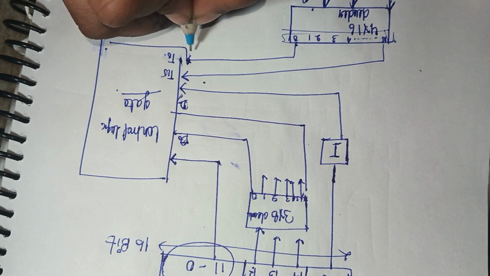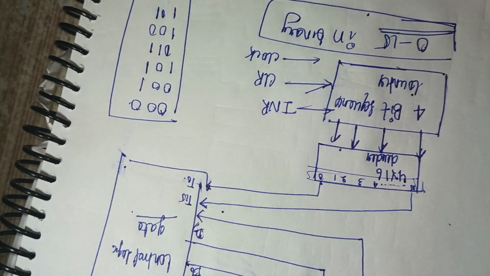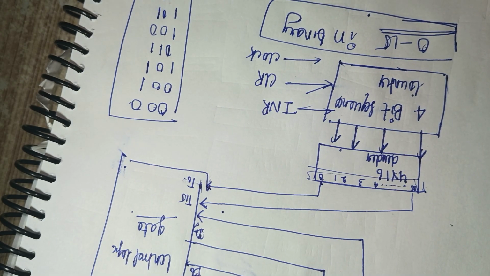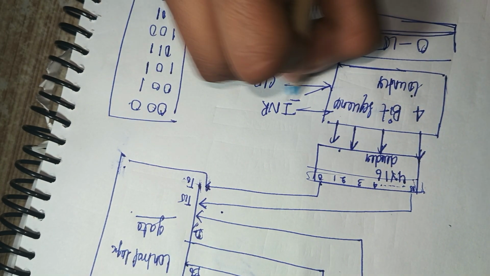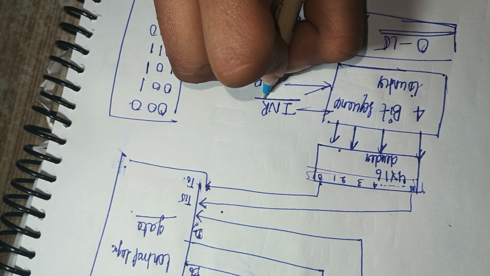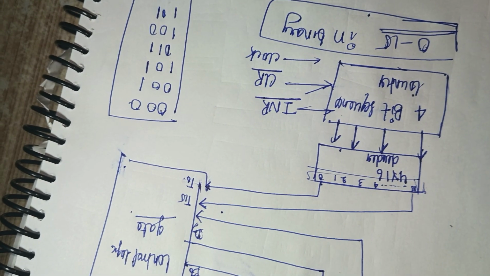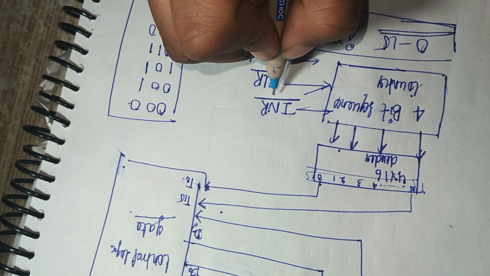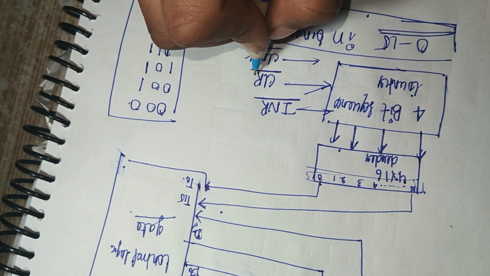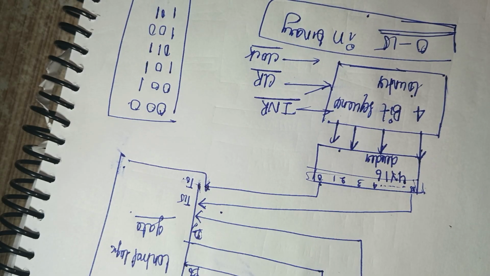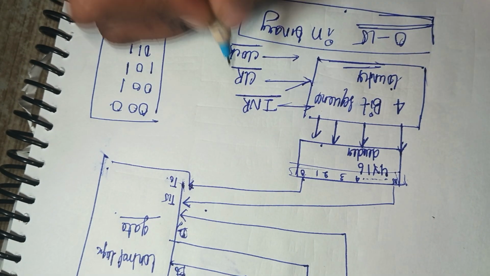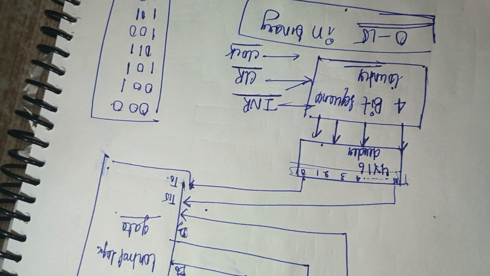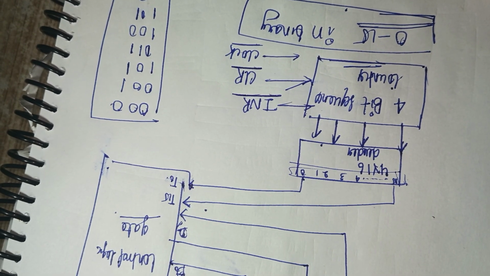The sequence counter is implemented by the INR, that is increment, and CLR, that is clear, and the third one is a clock. The sequence counter is incremented by the INR and cleared by the CLR input synchronously.